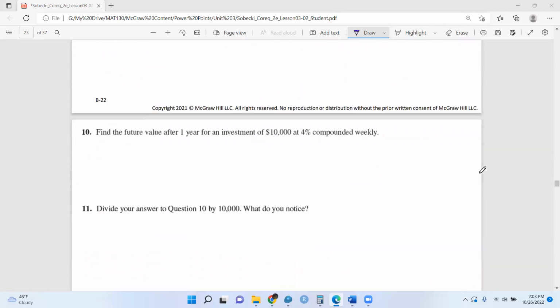Okay, so let's try this. Find the future value after 1 year for an investment of 10,000 at 4% compounded weekly. Well, recall that future value is A equals P times 1 plus r over n, to the nt. And here P is 10,000.